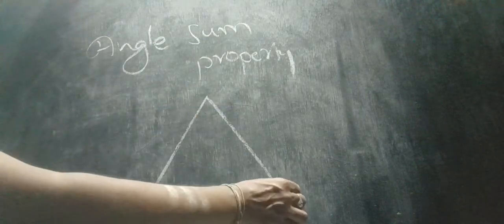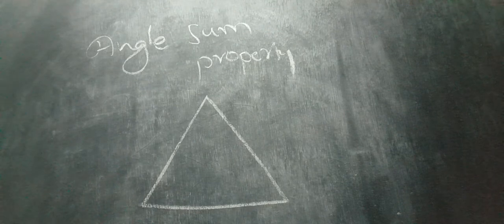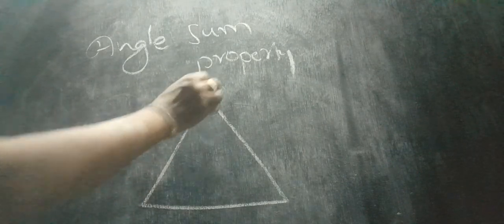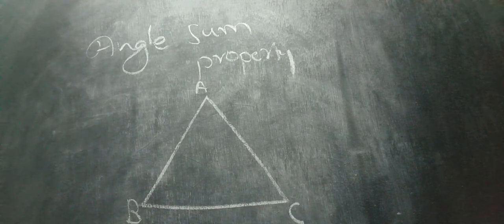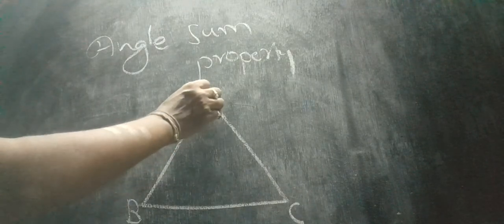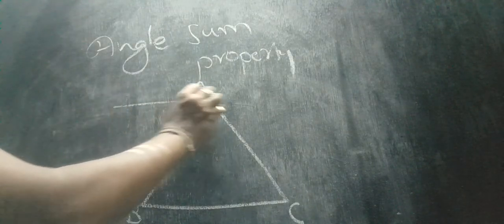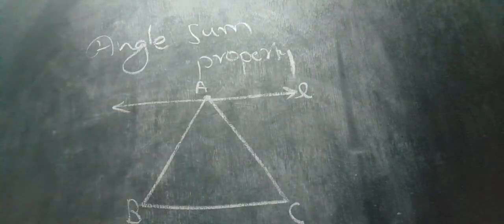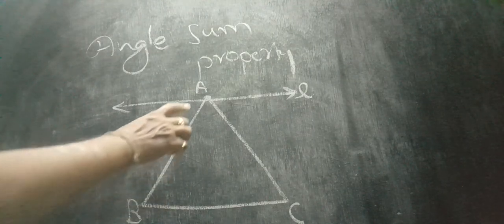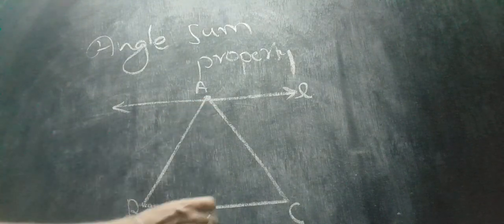Now we will show in another way. Draw a triangle. The name of the triangle is ABC, and here through A you draw one parallel line. That parallel line must be parallel to BC.